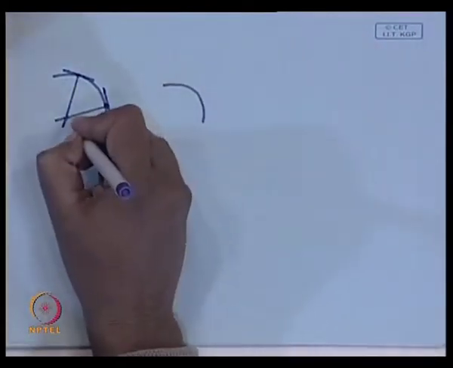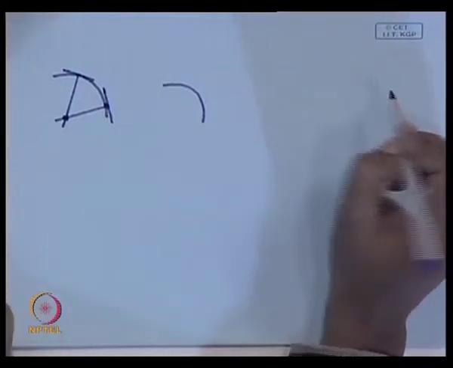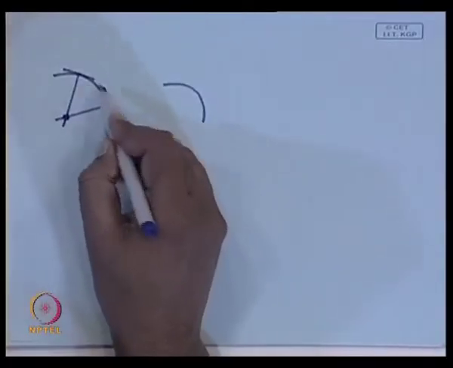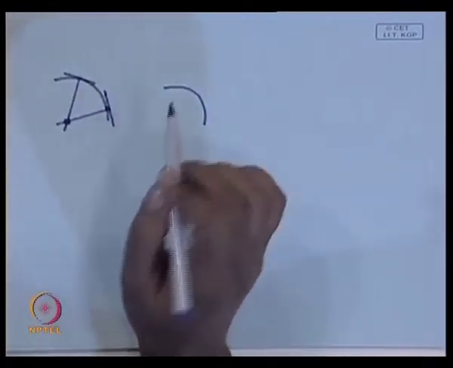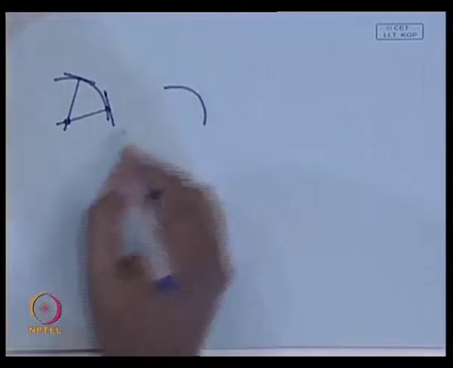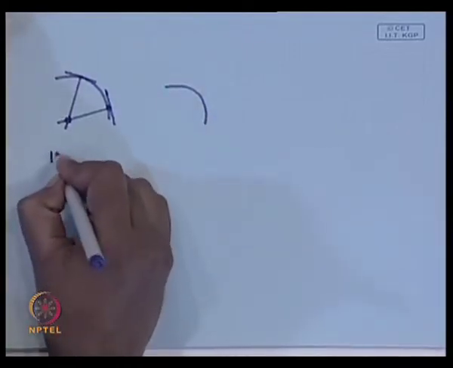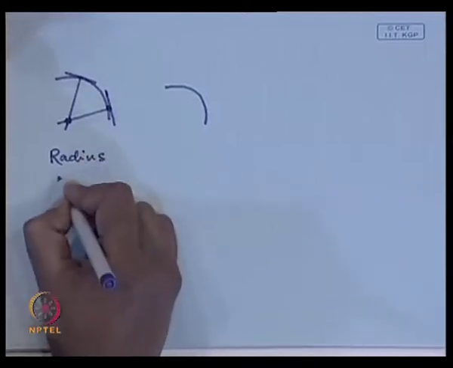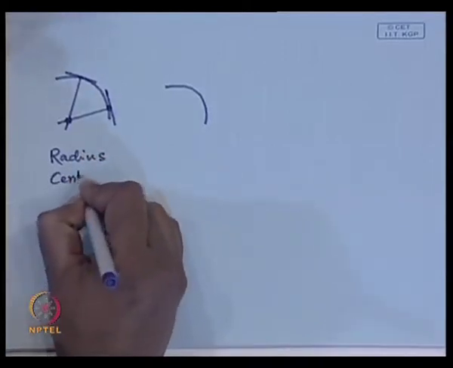And the point of intersection of these two perpendiculars is nothing but the center of the circle. And once I get the center, then finding out the radius is very simple. It is nothing but the distance of a point on the perimeter from the center. So, I can easily find out the radius and I can also find out the center.